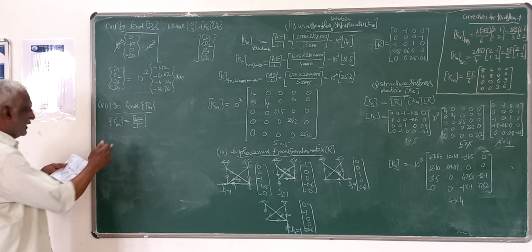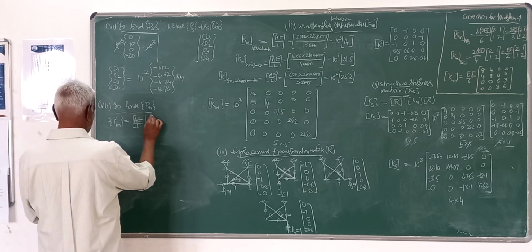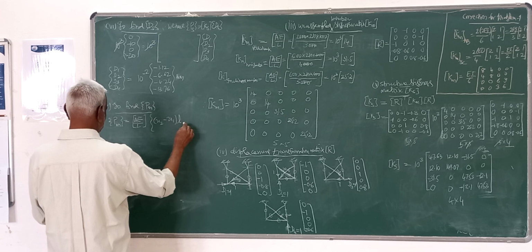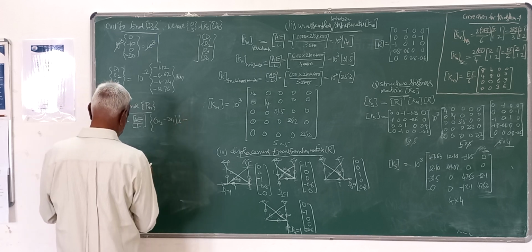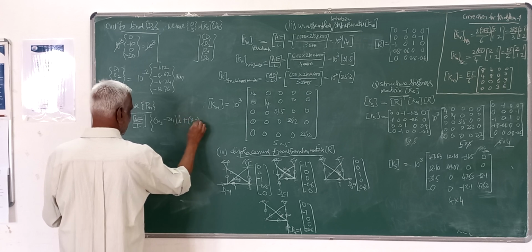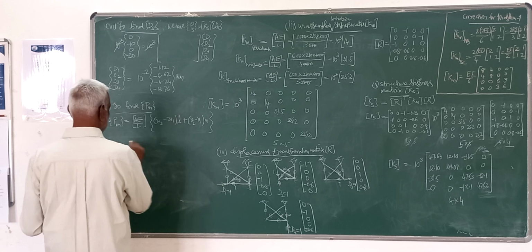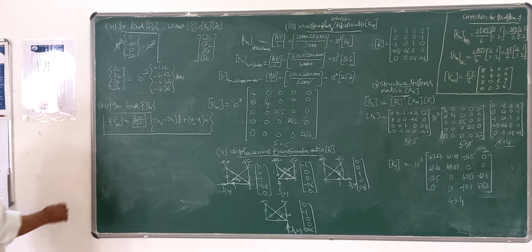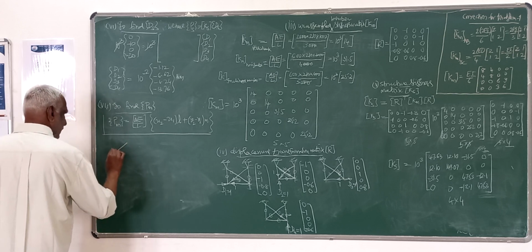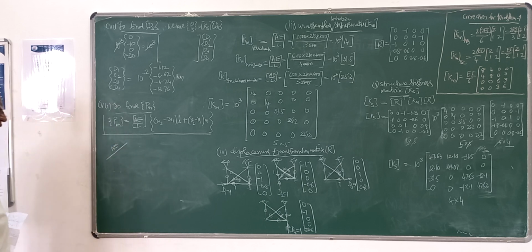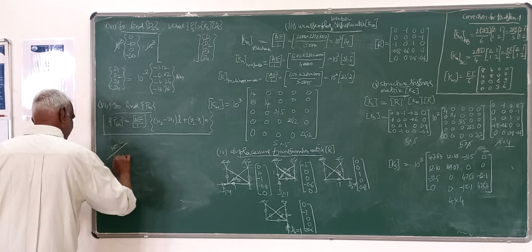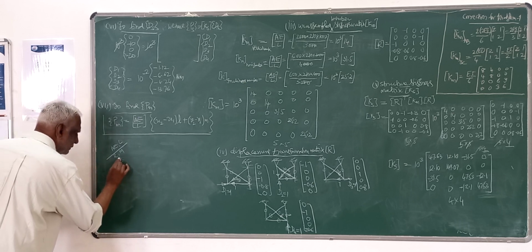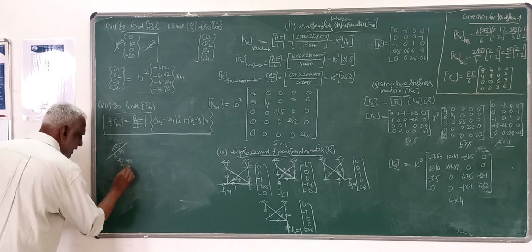PM equals AE by L into (U2 minus U1) into L, where L is the direction cosine cos theta, plus (V2 minus V1) into M. You can use this formula for calculating the force in any member having axial rigidity AE, length L, and direction cosines L and M. L is cos theta, M is sin theta of that member.